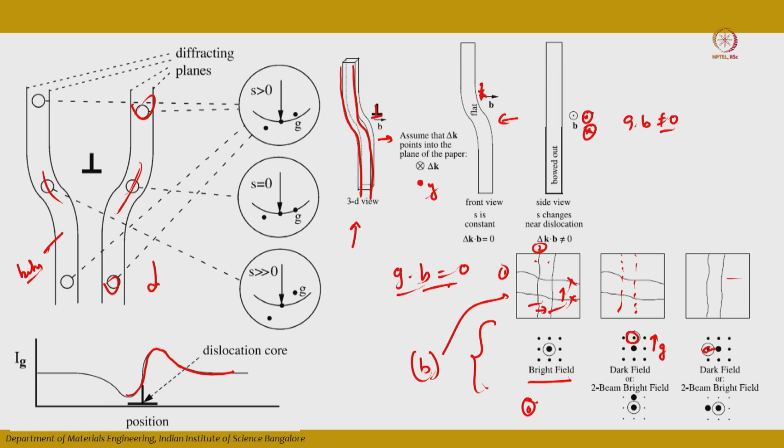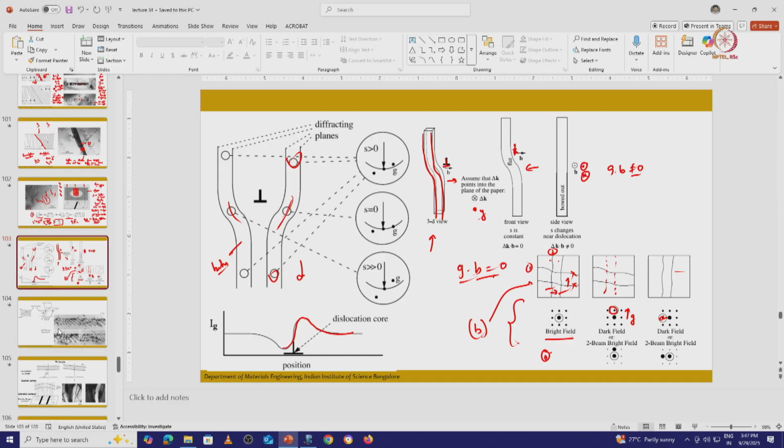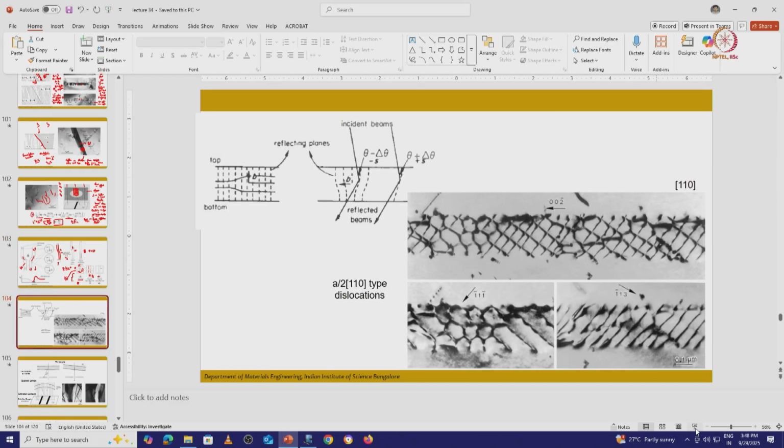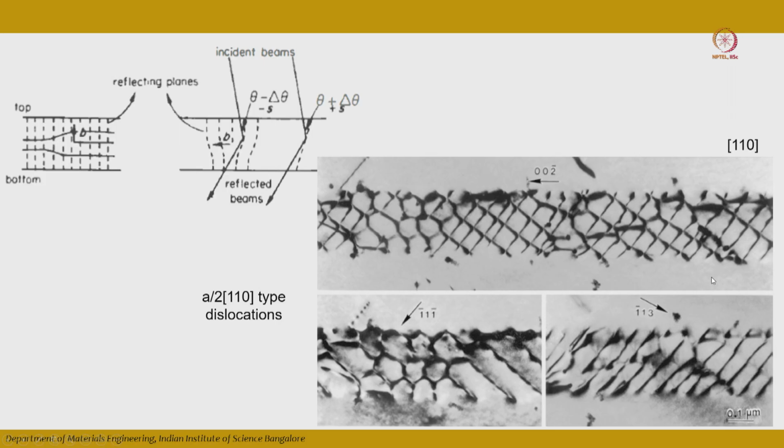Okay. So this is just a brief run through of defect analysis using diffraction analysis, which corresponds to the G and B vectors. Here there is another nice example. You can see that this is in the 110 zone, and these are dislocation networks formed in a superalloy, which is FCC.